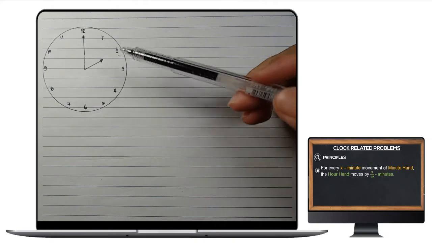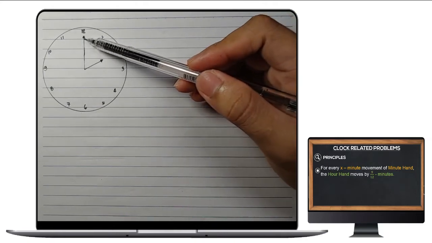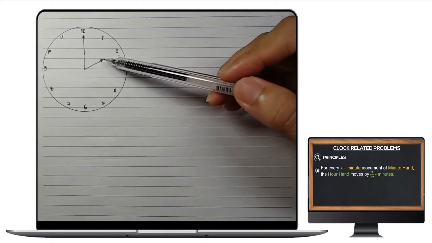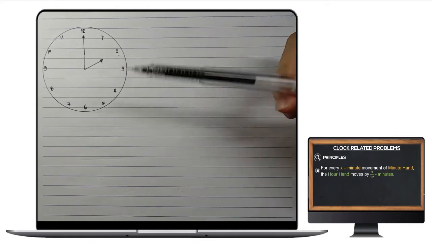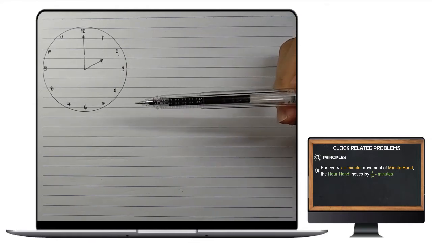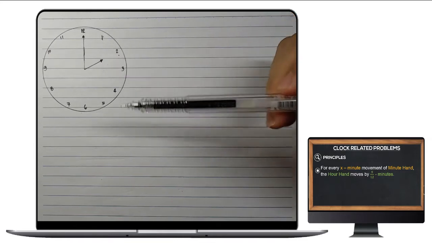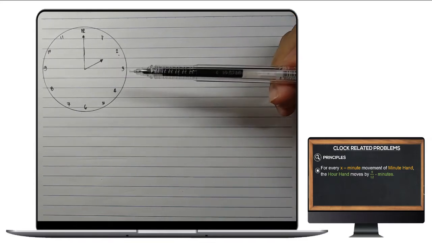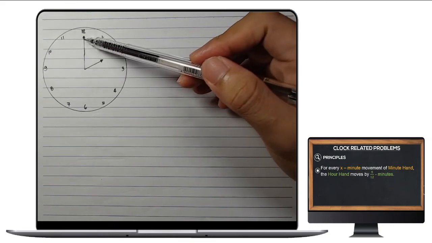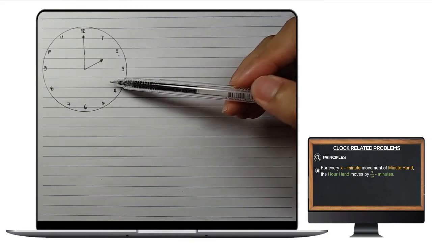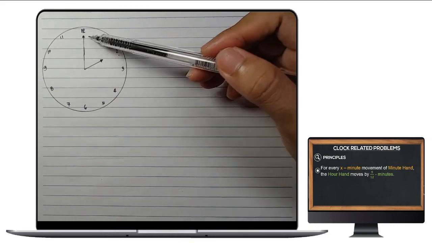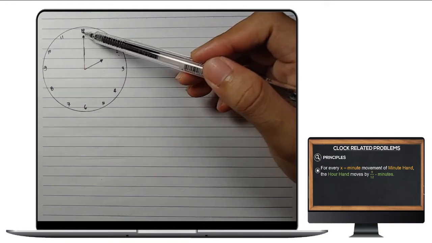So, let's say for example, si minute hand ay nag-move ng 1 minute, si hour hand sabay magmo-move ng 1 over 12 minute distance. Let's say nag-move siya for 3 minutes, so si hour hand will move for 3 over 12 minute. So let's say yung minute hand natin, so from this position, moves for a complete revolution.